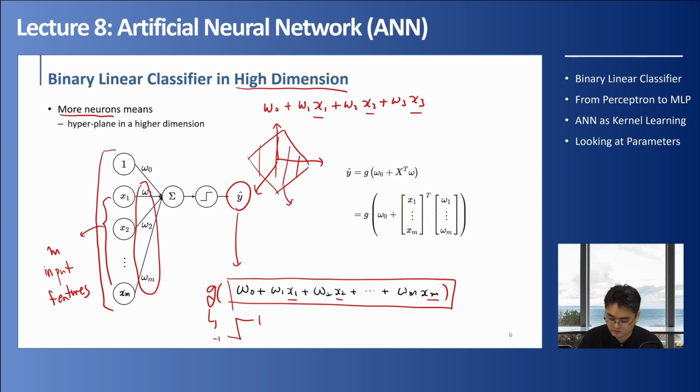So now here, this becomes our classification boundary. So this is our new classifier in a 3-dimensional space. So if we want to do a classification problem in a higher dimensional space, the only thing that we need to do is to add more neurons here if we're using a simple perceptron model.